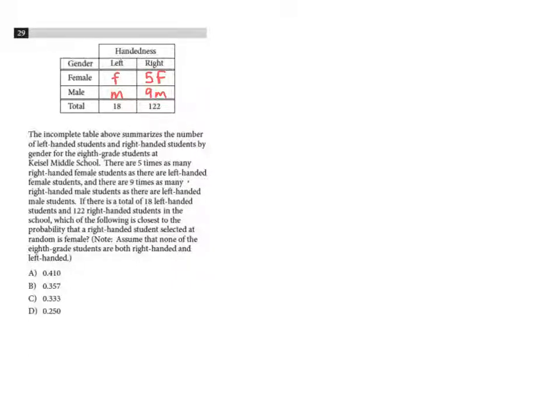All right, so now we've got a system, F plus M. Well, that must equal 18. The number of left-handed students is 18. And 5F plus 9M, that must equal 122. Okay, so it's a system of equations. I'm going to solve for M, because I want to eliminate my M, my male students, because the question here is about female students.